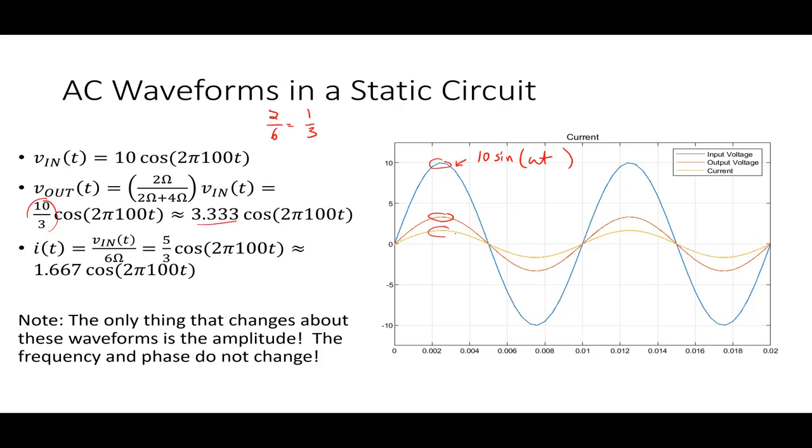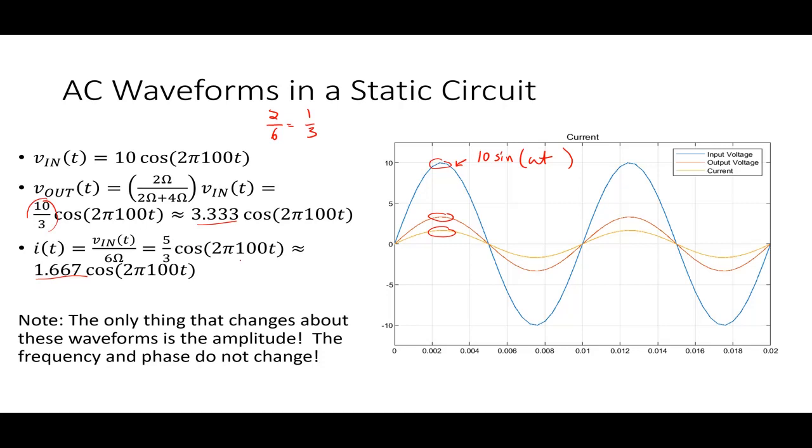The current is here, all right, the yellow. What I see is, first of all, the critical thing I guess I should point out is that if you look at the timing of each of these waveforms, they're exactly the same. They have the same period, same phase shift, all of that stuff. All that's different is the amplitudes have changed. All right, so the current has an amplitude of 1.667, right?